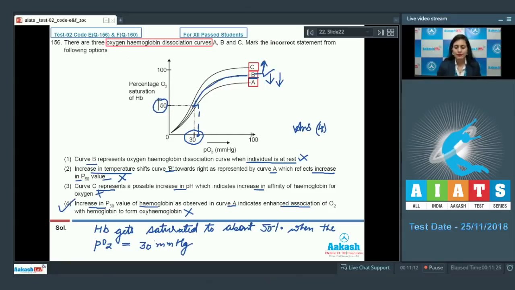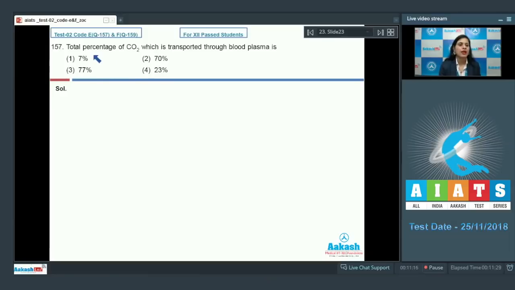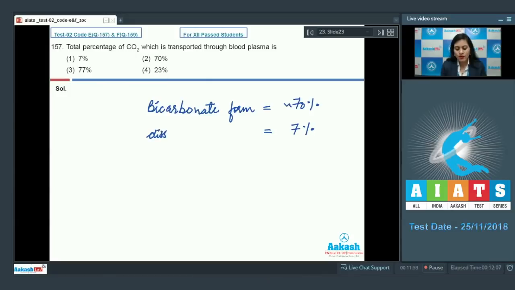Let's discuss our next question. Question number 157. Total percentage of CO2 which is transported through blood plasma is. And we know that the maximum percentage of CO2 is transported in plasma in the form of bicarbonates, which is nearly about 70%, and nearly 7% of carbon dioxide is transported in dissolved form in plasma.